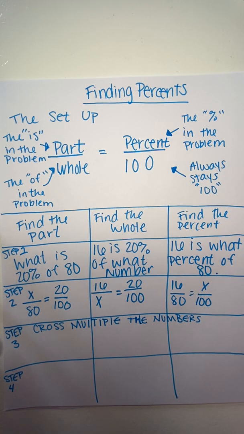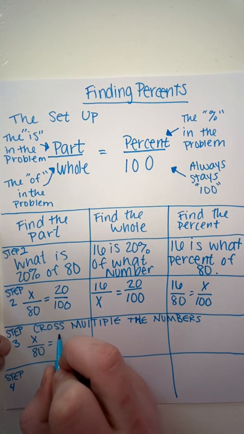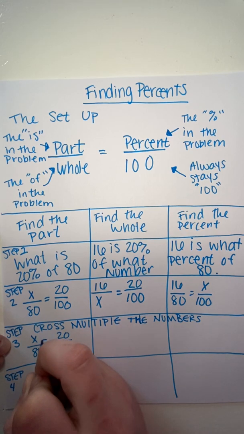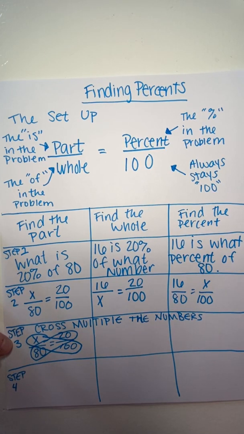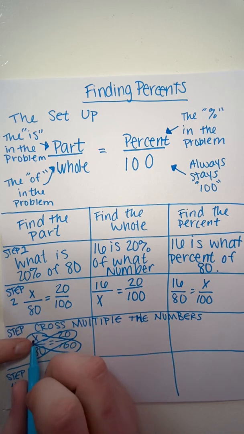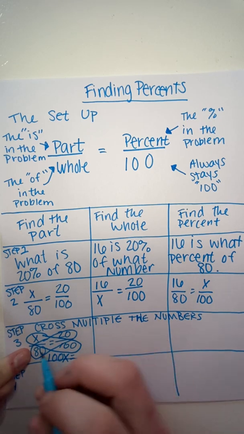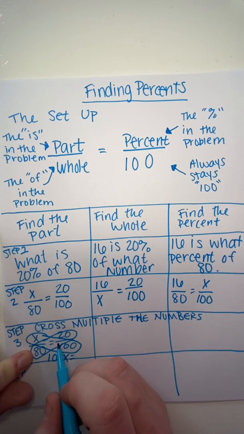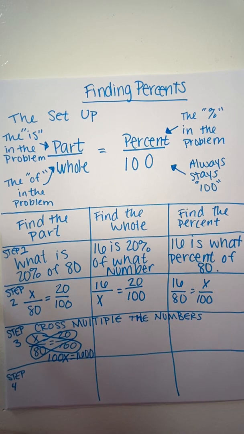Step 3, I believe you went over this with Miss Merriweather once, is called cross multiply. So you're going to cross multiply the numbers. Now in this problem, I have x times 100, so 100x equals 80 times 20, which gives me 1,600.